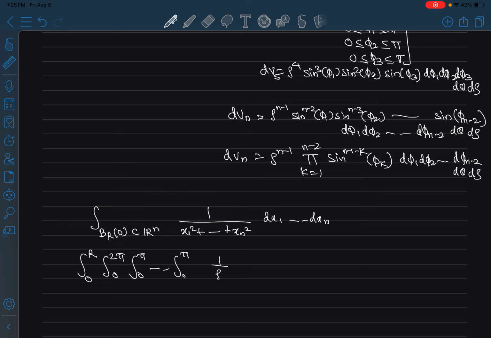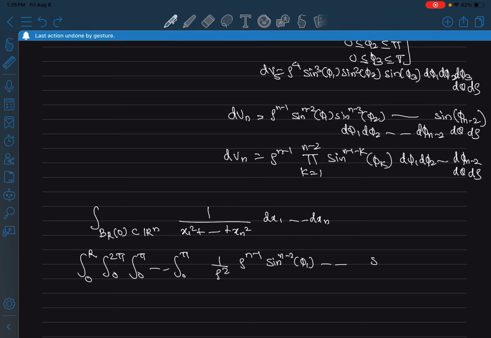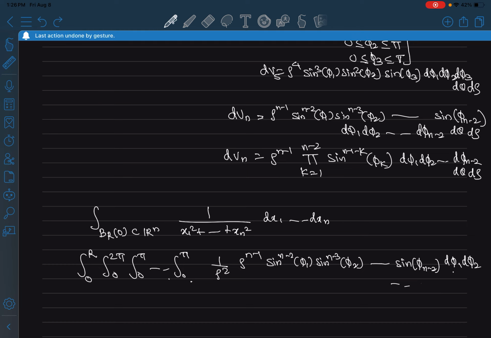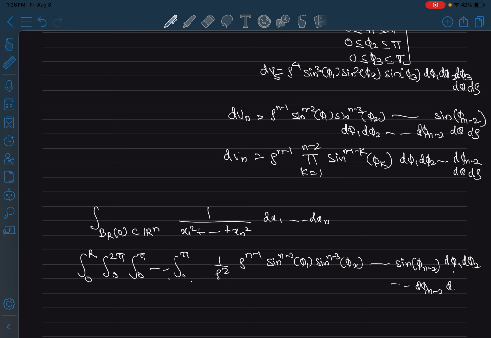This is 1 by rho square, and we know this thing will just be rho to the power n minus 1, sine to the power n minus 2 phi 1 up to sine of, let me write a few more terms for clarity, sine to the power n minus 3 phi 2 up to sine of phi n minus 2, and then there will be this d phi 1, d phi 2, so basically phi 1 for this, phi 2 for the next one, up to d phi n minus 2, and then d theta, and then d rho, right?